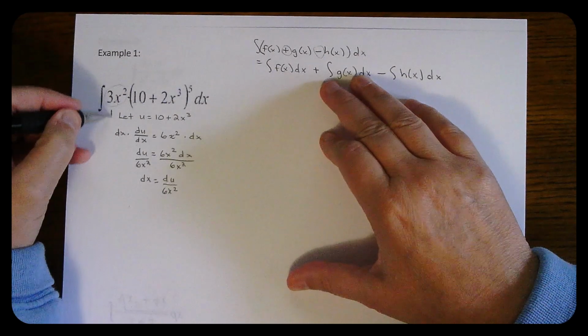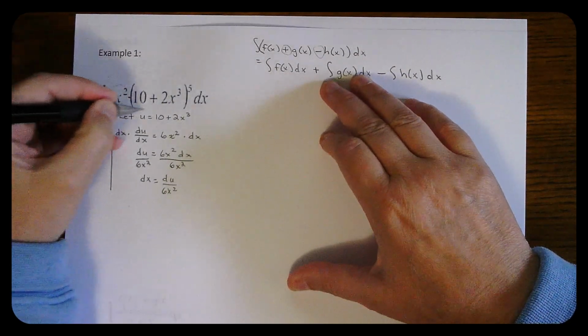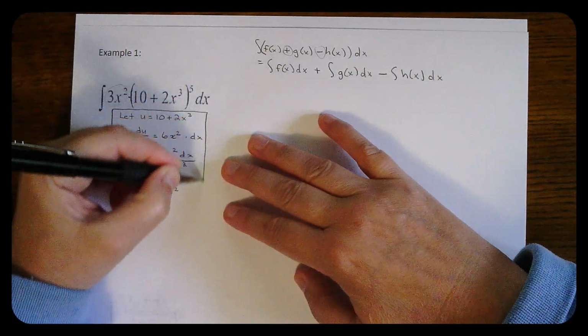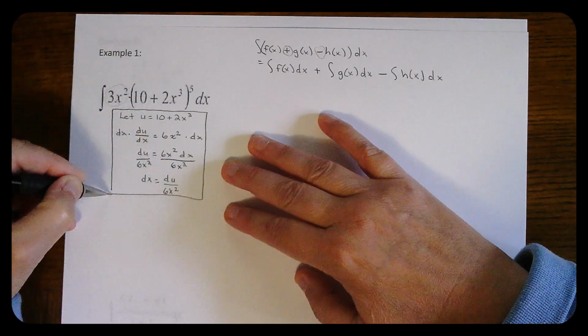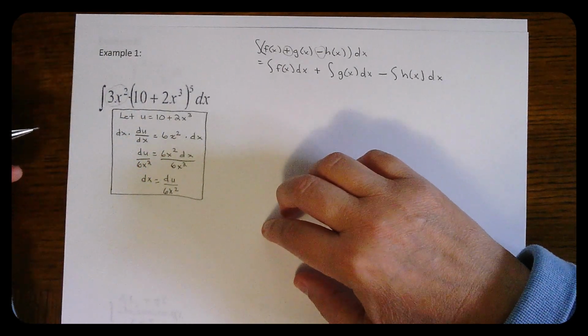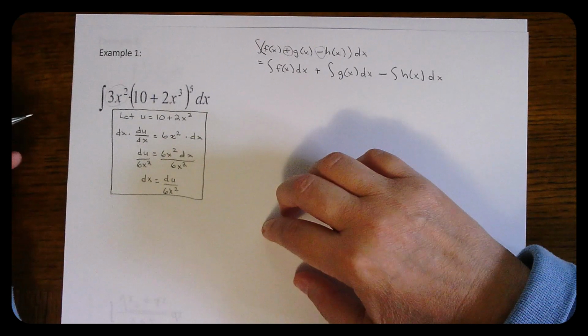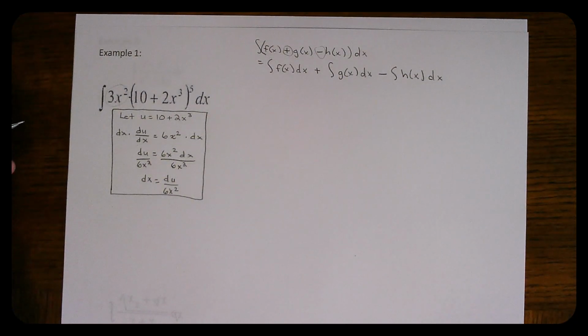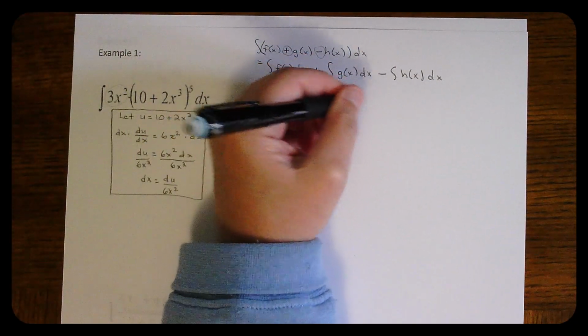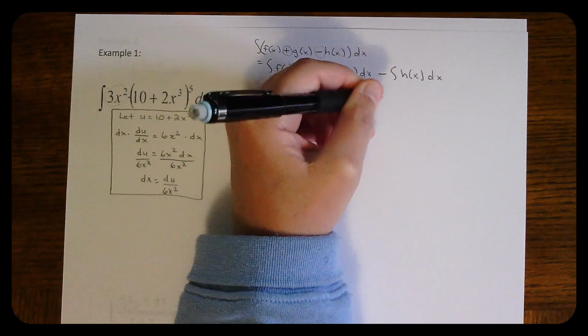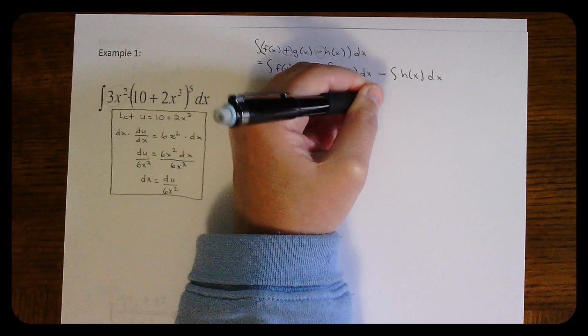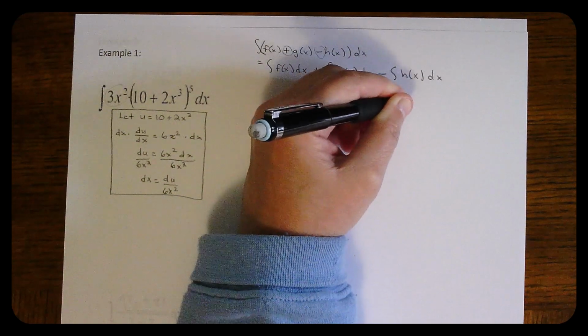Okay, now I'm going to put a box around this because it's important for you to understand why we just did all of this. Our objective is to create an easy antiderivative that we can take. And what I mean is we're going to try to get an antiderivative that looks like this. So you remember this rule?